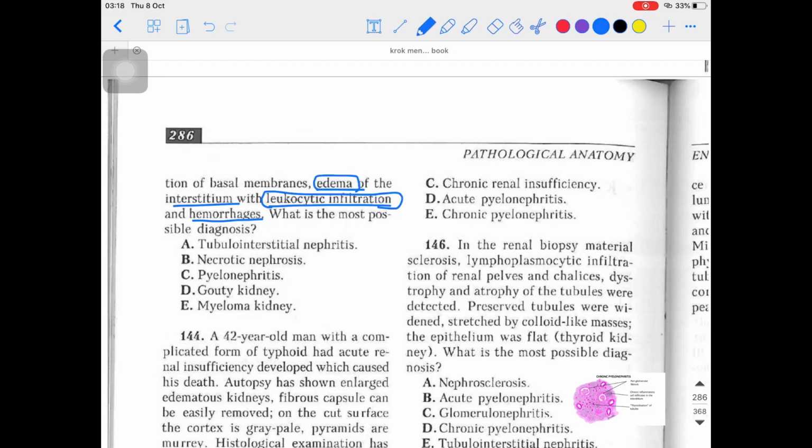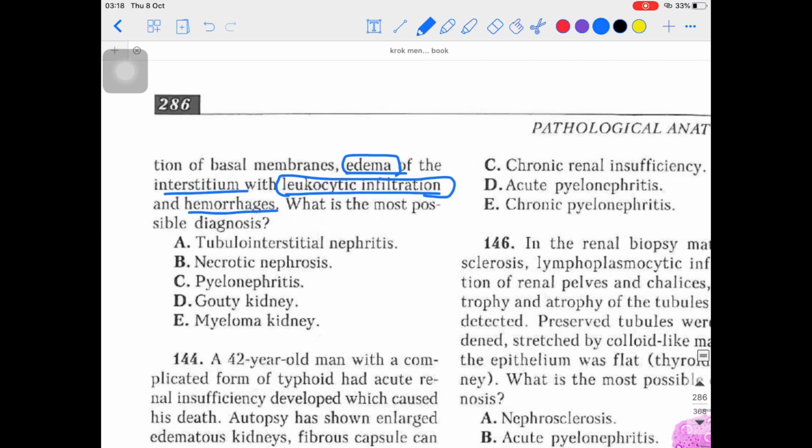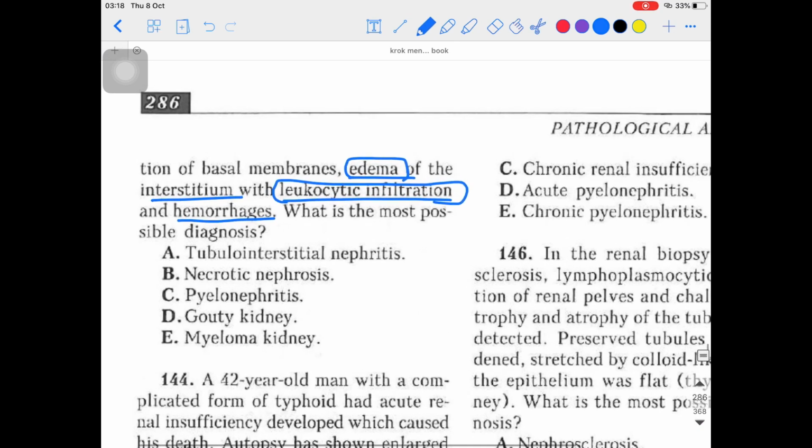If you read this from the standard international edition textbook, that is acute tubular necrosis. Over here the option is not given as acute tubular necrosis, but the option given is necrotic nephrosis. So that will be the answer, which is nothing but ATN, acute tubular necrosis.